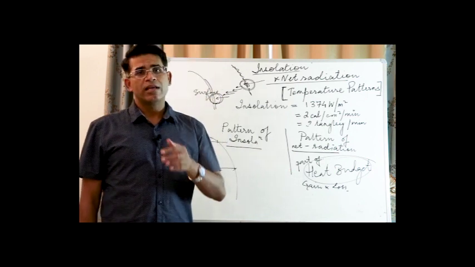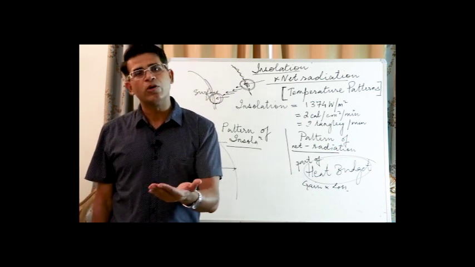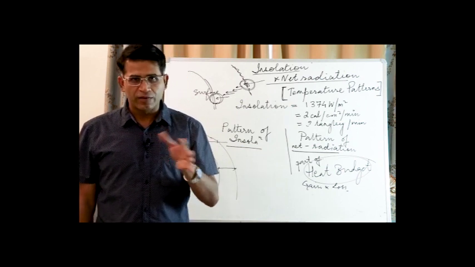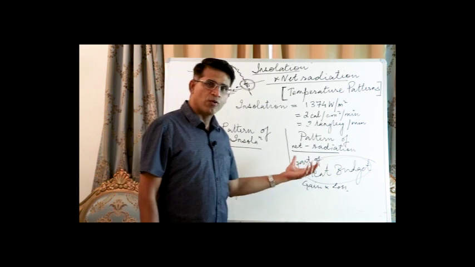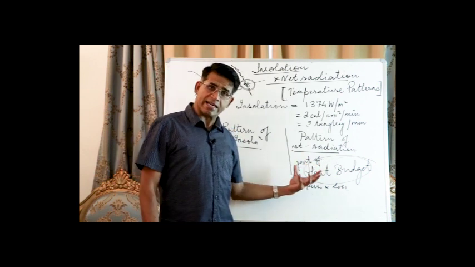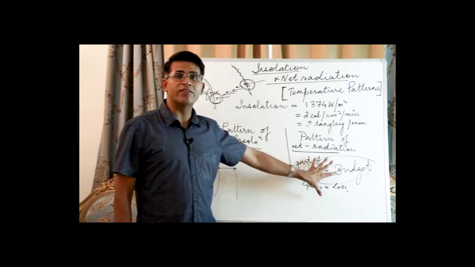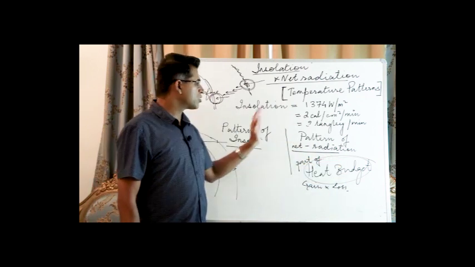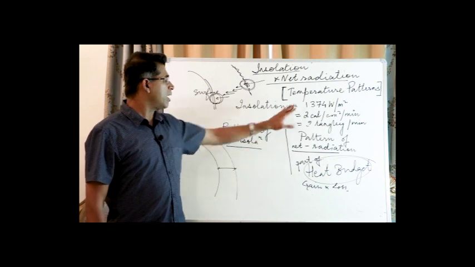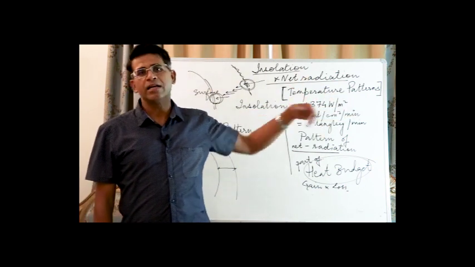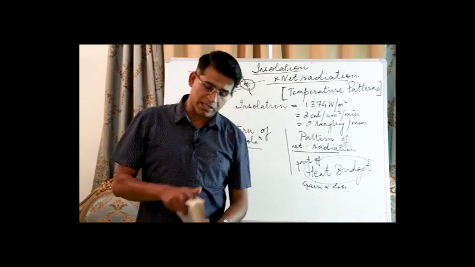Now I talk about the insolation and the outgoing radiation together, and we try to even off the losses and find out what is left as net radiation. So net radiation is a part of the discussion of the heat budget. And you must know both concepts to talk about the temperature pattern and what controls the temperature zonation across the Earth's surface.